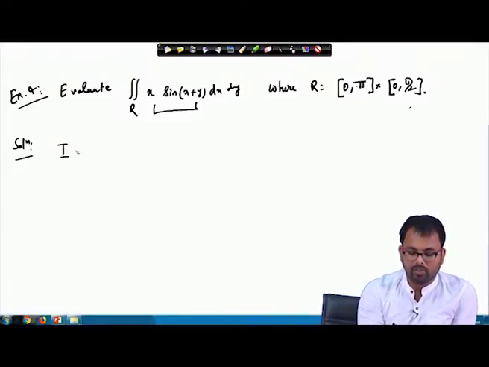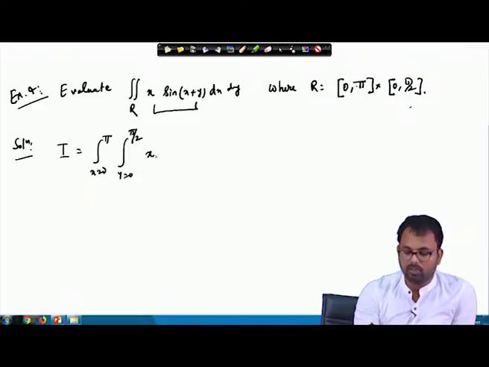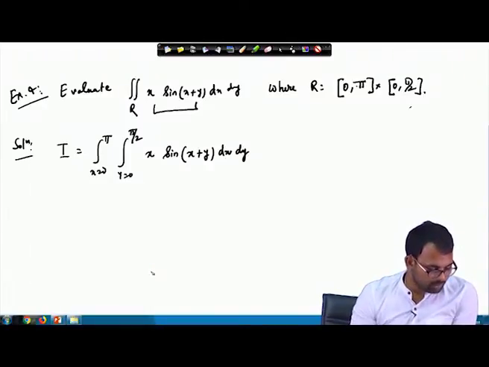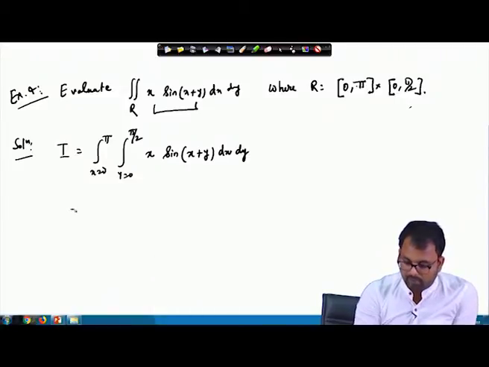So, let us write it as I equals the integral with x running from 0 to pi, y running from 0 to pi by 2, of x sin(x plus y) dx dy. First of all I will integrate with respect to y.